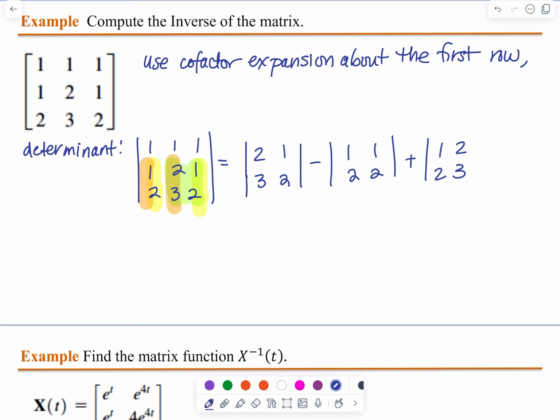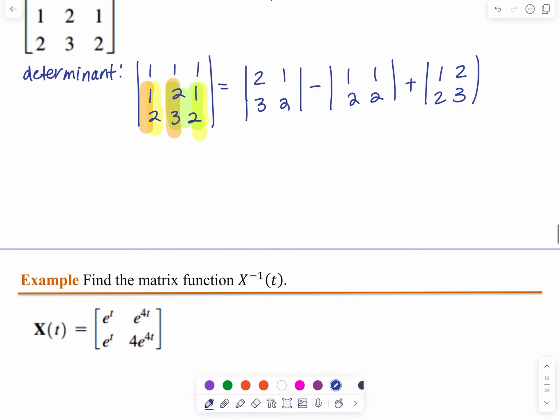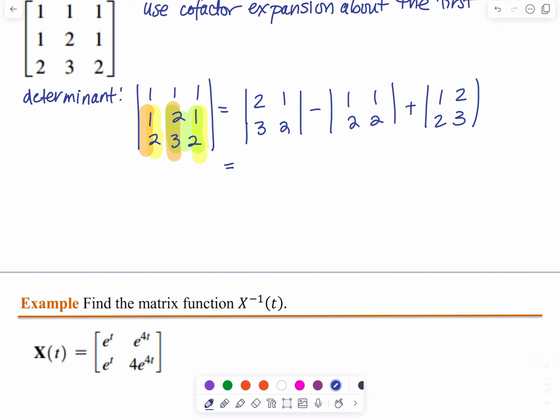And I will be showing you how to find these determinants, but basically it's 2 times 2 minus 1 times 3. You can see that. So that's 4 minus 3, which is 1. And we'll do the same here. We're going to subtract 1 times 2 minus 1 times 2. And of course, that's going to be 0.